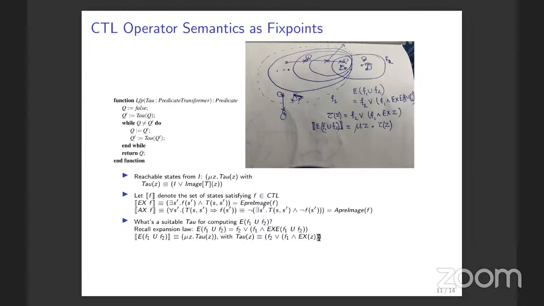No, when Z eventually gets to true, what it means is that from the current set of states, eventually Z never gets... that is not what's happening. What's happening is you're starting with Z equal to false. So tau 1 is tau of false, which is F2.